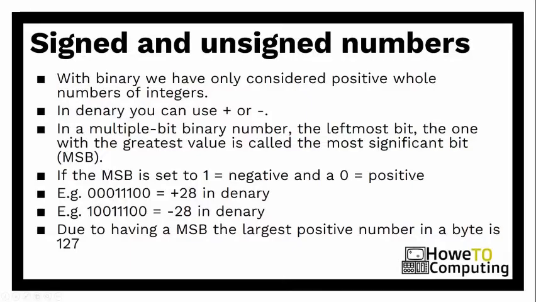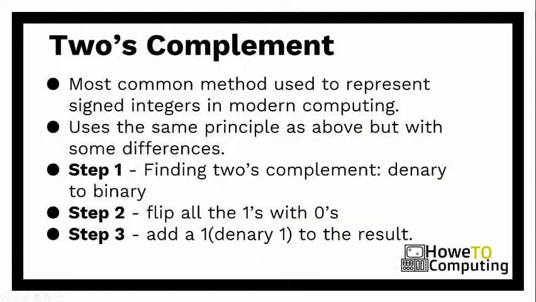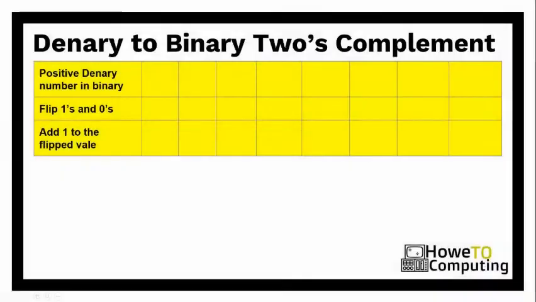Due to that, 2's complement is used to represent negative numbers in binary. So the way to find the 2's complement number is: convert the denary to binary, flip the 1s and 0s, and then add denary 1. I'm going to talk you through a quick example of how to do that.